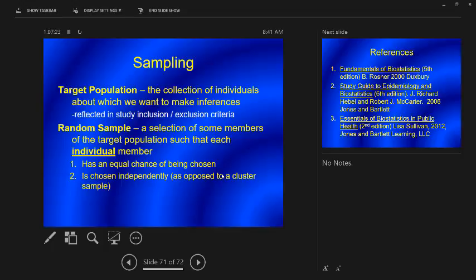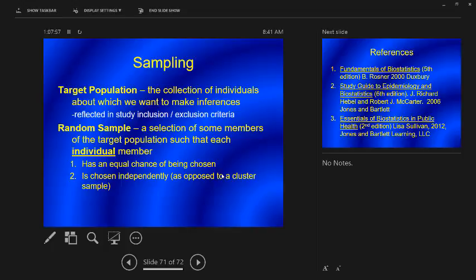An example where the independence would not occur is what's called a cluster sample. Maybe I pick a block in a neighborhood, and the blocks in a city would be picked at random. But then when I pick a block, I'm going to knock on every door and ask them to take my survey. It's a cluster sample because the clusters, in this case blocks, are selected at random, but within the cluster, I interview every single person.